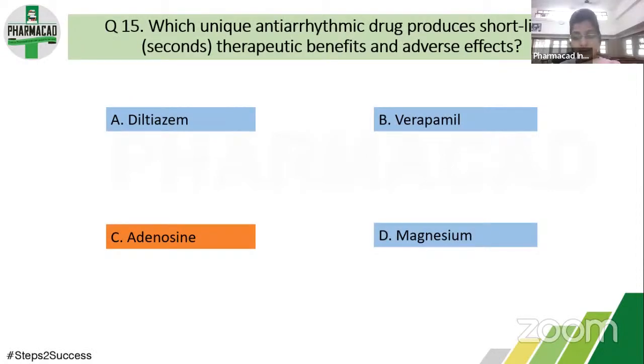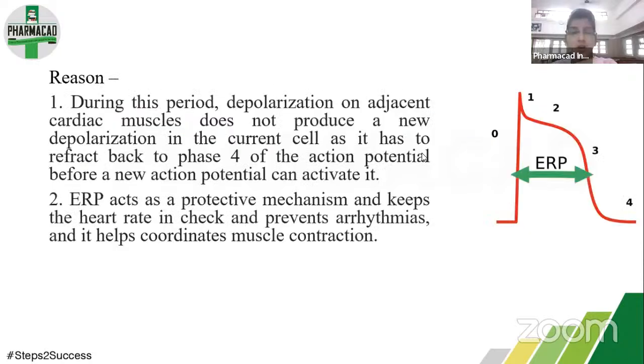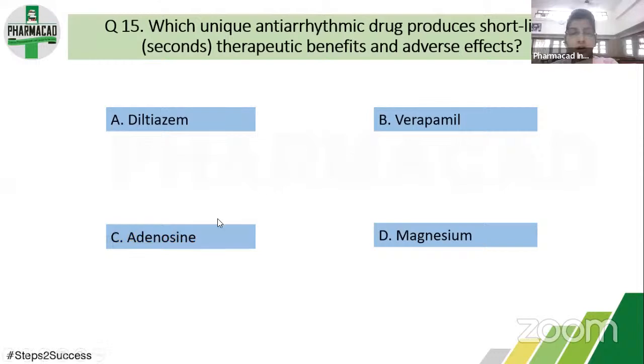Whereas verapamil and diltiazem, they're calcium channel blockers, have longer duration, and when you compare the benefits of adenosine with the above two drugs, adenosine will have fewer side effects compared to verapamil and diltiazem and greater therapeutic benefits.